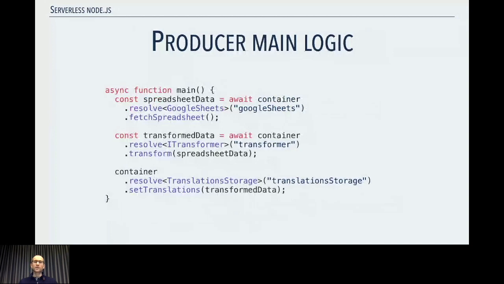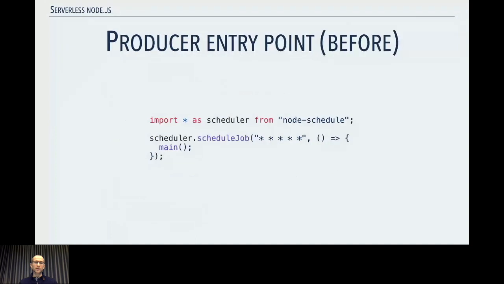Before going serverless, we were importing our scheduler. It was invoking our main function with a configured scheduling time. As you can see, it's a cron-like configuration, and it was running in a long-running process.